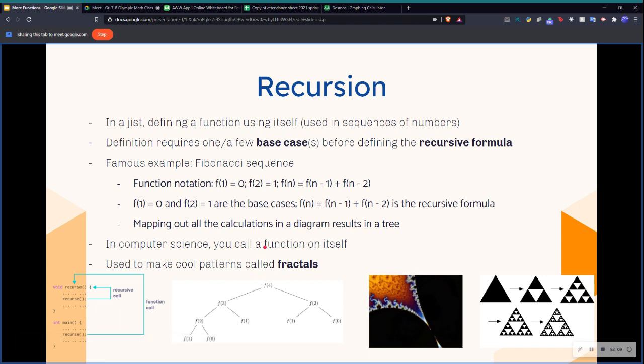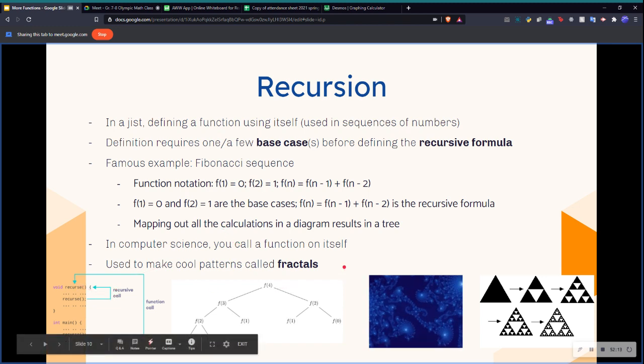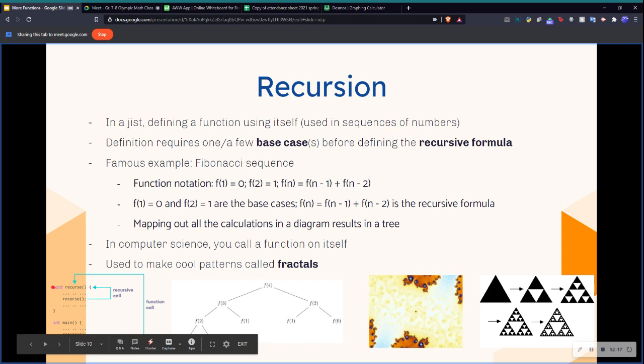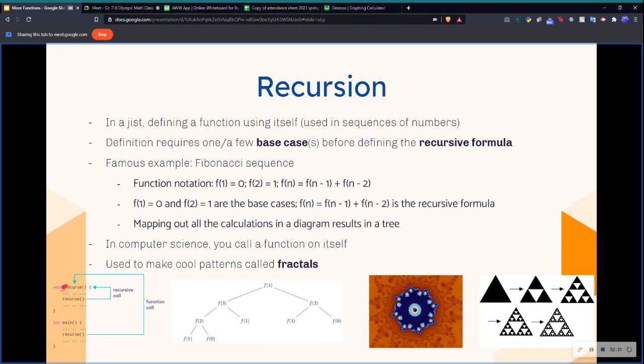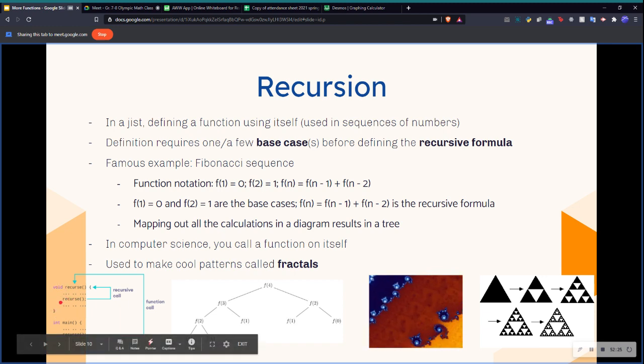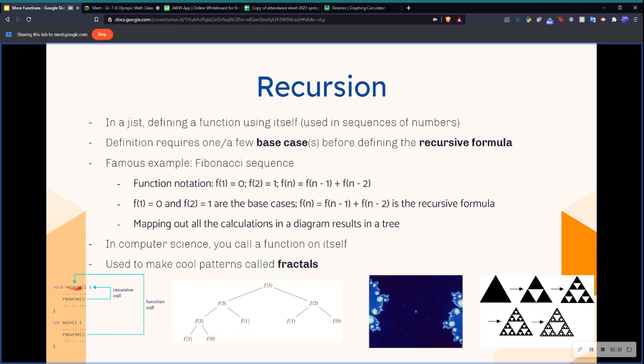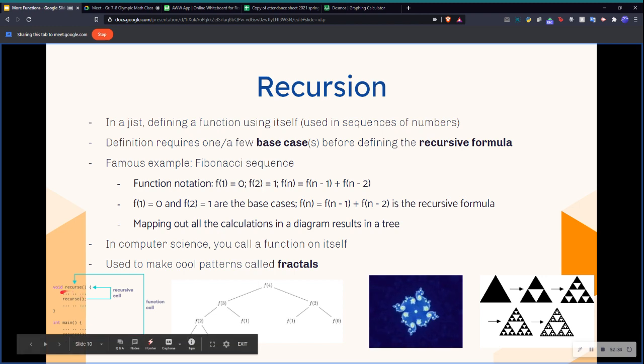And this is used very often in computer science. Basically, you're just calling a function on itself. If you can see the example on this left side, if you've done computer science before and know what functions are, it looks like this. You have something called void recurse, and this recurse function is used inside the actual definition, as you can see.